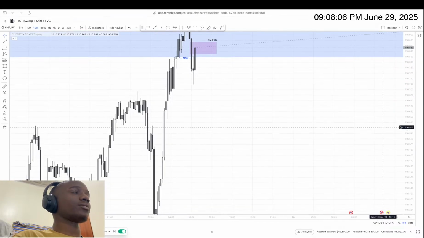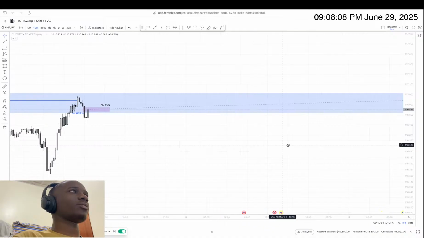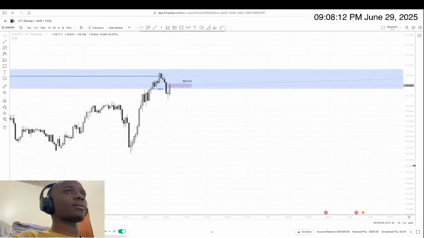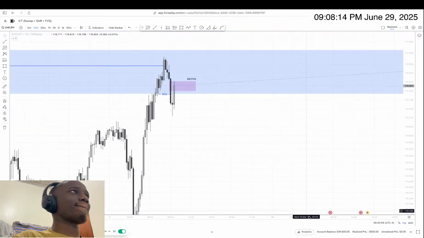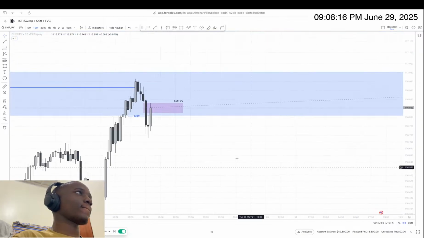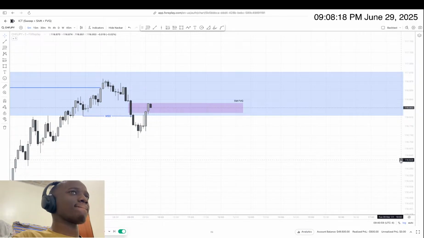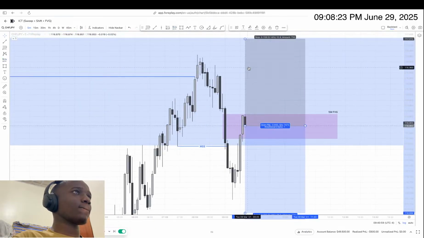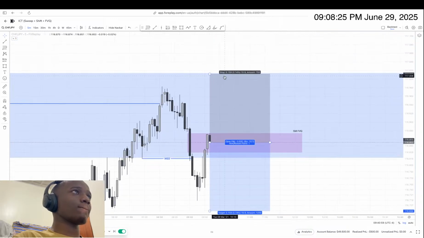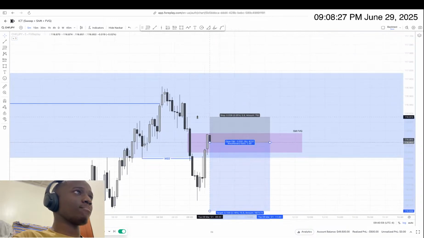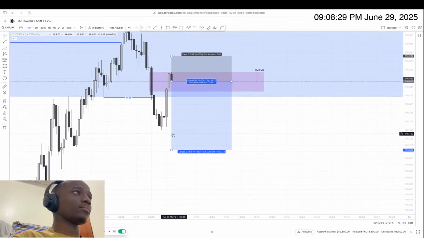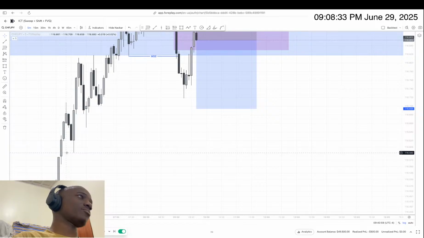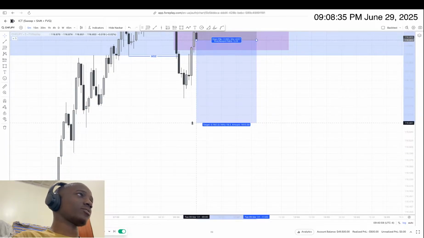So I'd like to see it respect that 4-hour fair value gap, then drop. We have this here, and other more targets will be somewhere there. You can also target this low as well.